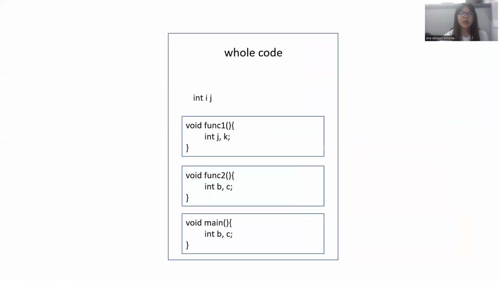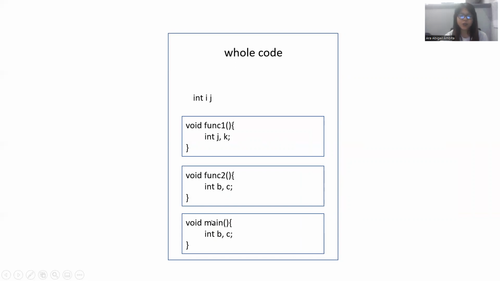That concept may be associated with the scope and the lifetime of variables in your program. Think of it as, let's say you have one whole program, and you have declared or defined several functions in your program.